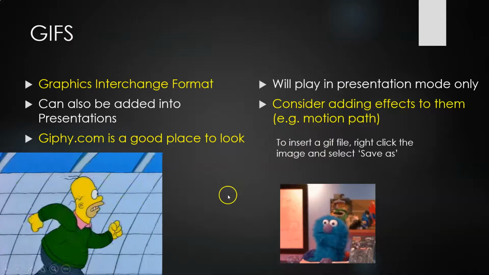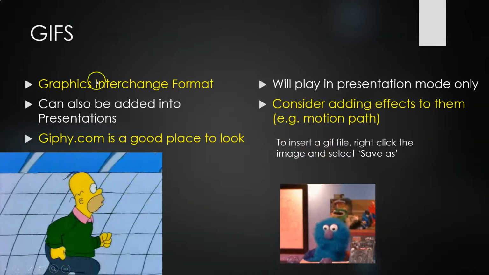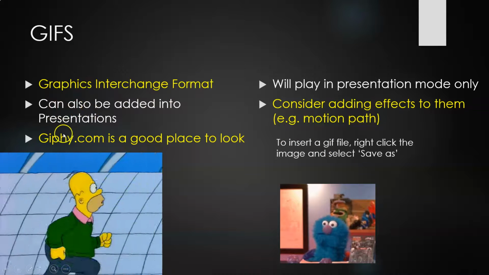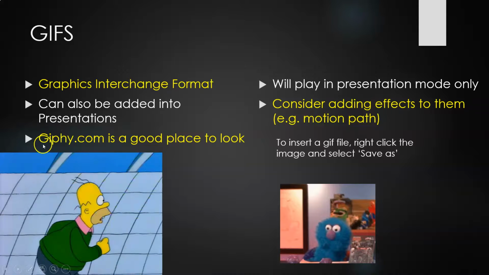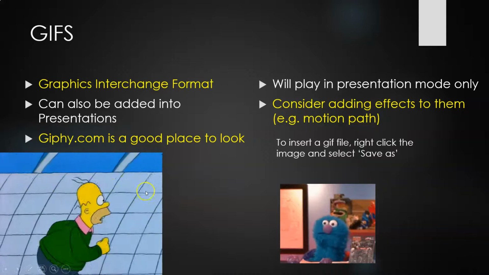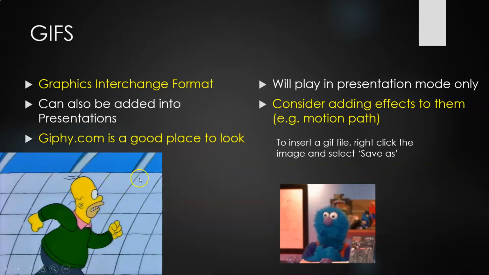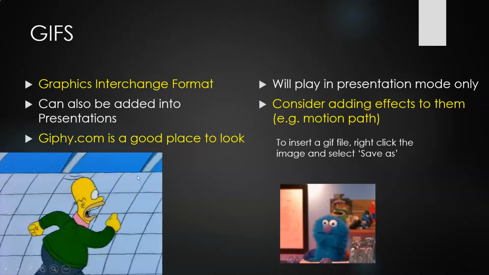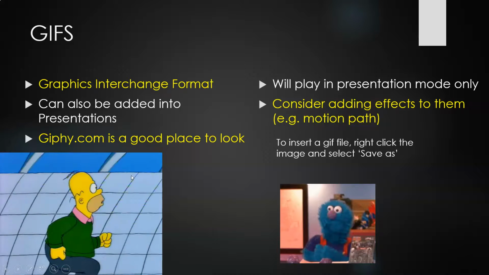Alright, you can also add GIF files, graphics interchange formats. I wouldn't add too many. You don't want it to look like it's a Facebook post, but they can add a little bit of humor and a little bit of fun to your PowerPoint, but make sure that they're there for a good reason, not just because you think they look cool or they're funny.